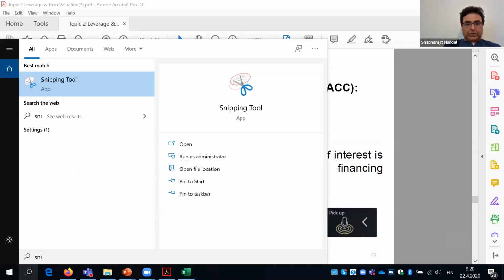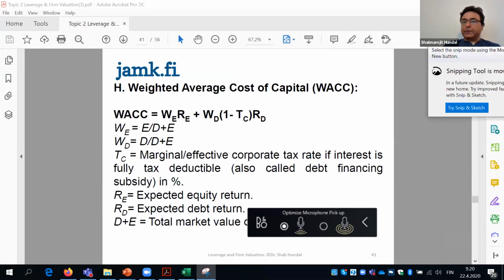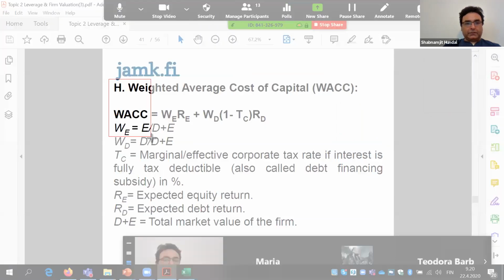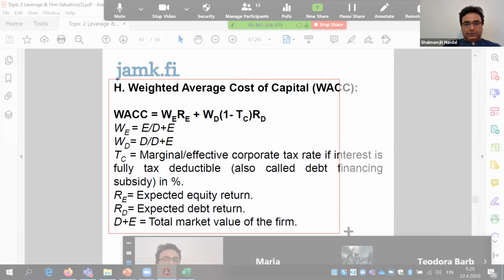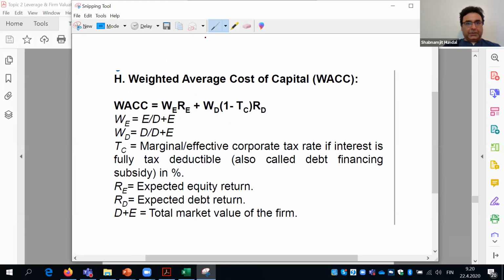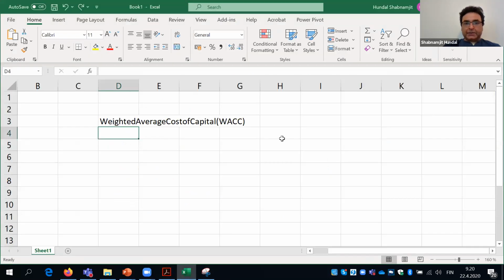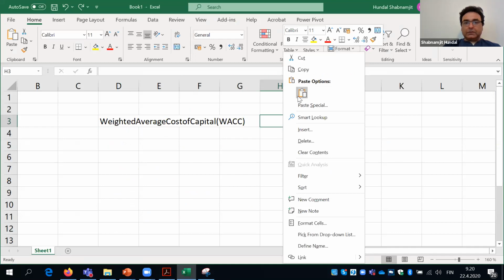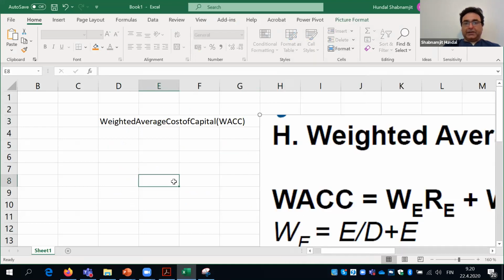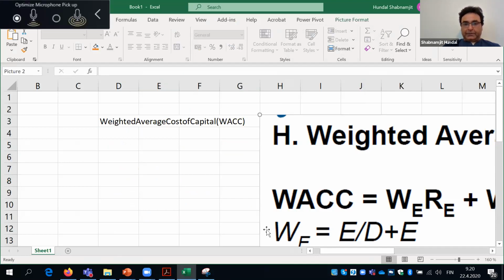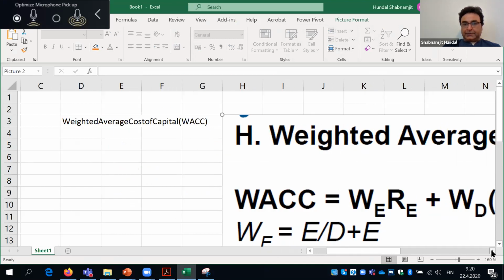Snip the new, so I can copy and I can paste it in the, yeah, now it's fine, but it looks even more horrible. But don't worry, I can adjust it.